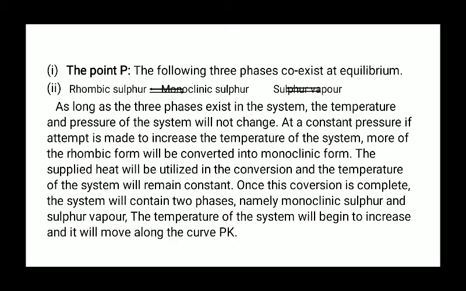At a constant pressure, if an attempt is made to increase the temperature of the system, more of the rhombic form will be converted into monoclinic form. The supplied heat will be utilized in the conversion and the temperature of the system will remain constant. Once this conversion is complete, the system will contain two phases, namely monoclinic sulfur and sulfur vapor. The temperature of the system will begin to increase and it will move along the curve PK.